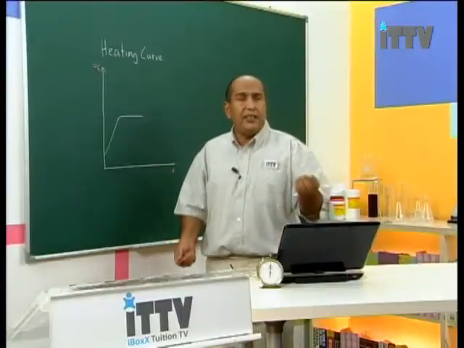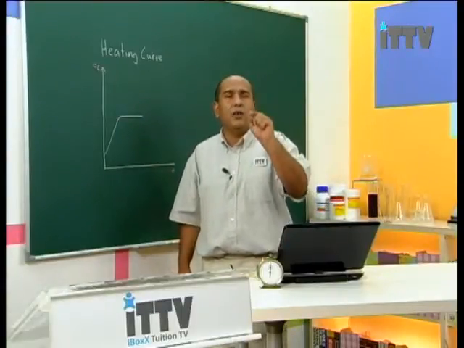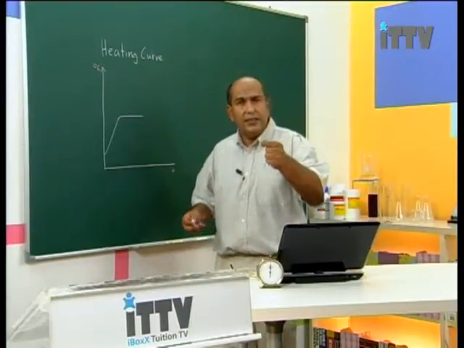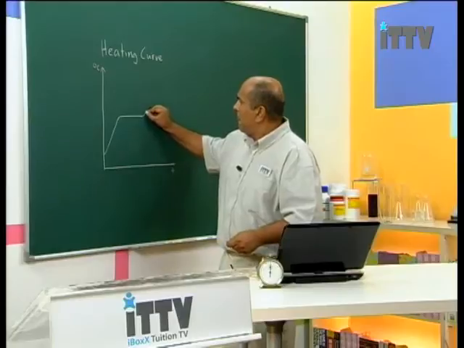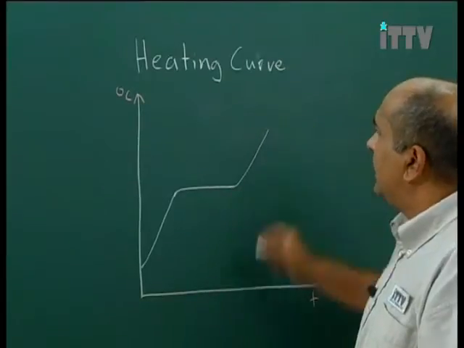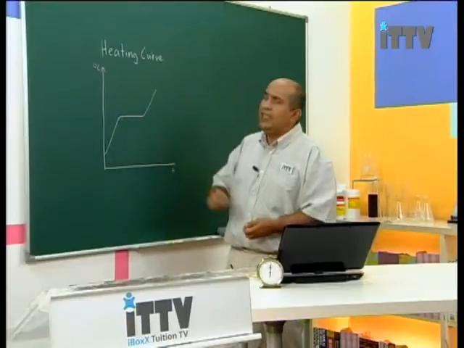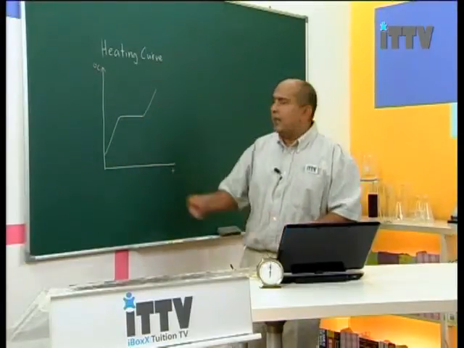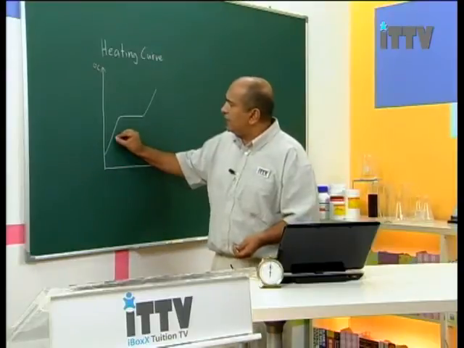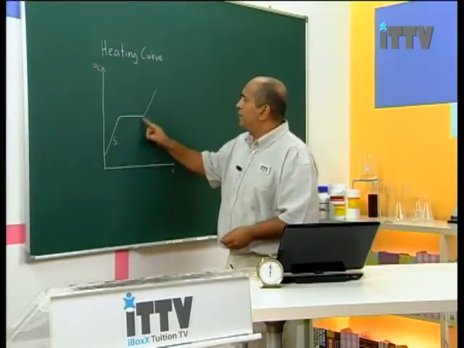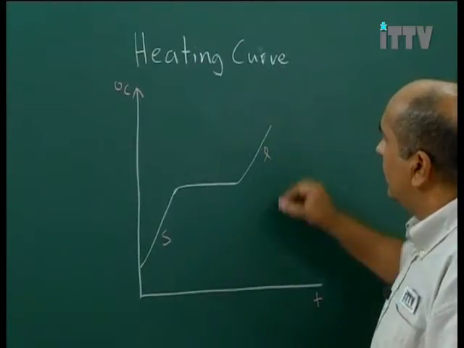And with the naphthalene, it stayed at that level until all the naphthalene had melted. Once it had all melted, the graph started to rise again. So this is what we call a heating curve. In this case, we are saying that we started with solid and we went from solid all the way to liquid up here.